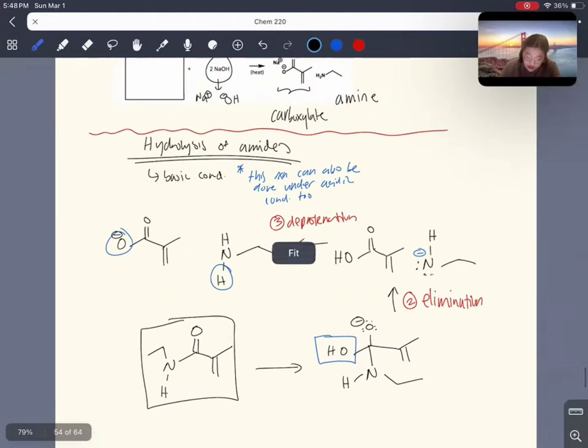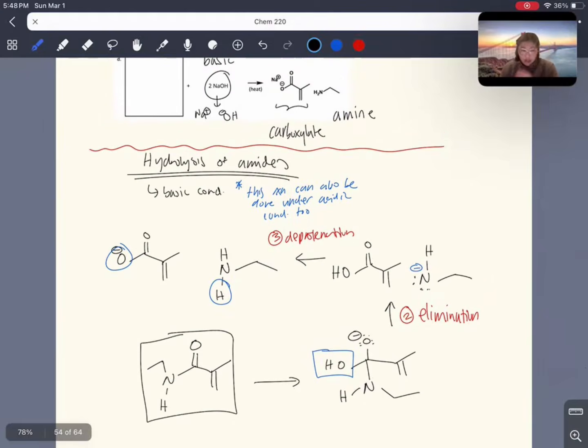So hopefully you can see how I tried to work backwards from the hydrolysis reaction. The easiest way to break down reactions, I think, is to think about what you are doing in each step. Am I adding something? Am I eliminating something? Am I deprotonating or protonating a molecule, etc.? That helps you remember the next step.